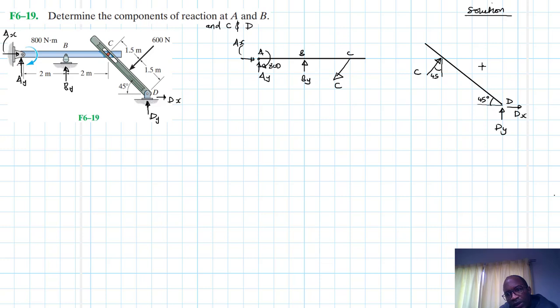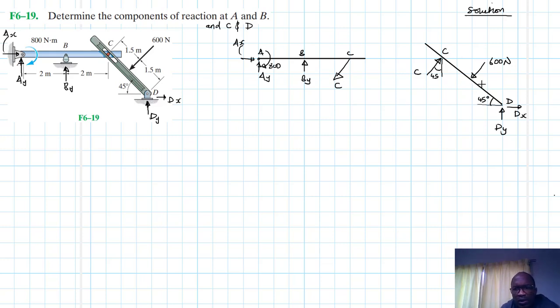And then what else? Then we have a load, an applied load at the mid span of this member, and this is 600 newtons.